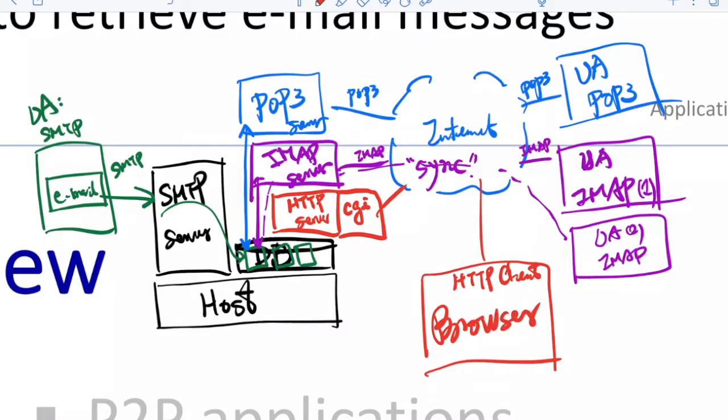The HTTP server and the corresponding CGI programs can also access the mailbox on the database. So basically, you can use the HTTP protocol to download the HTML file.